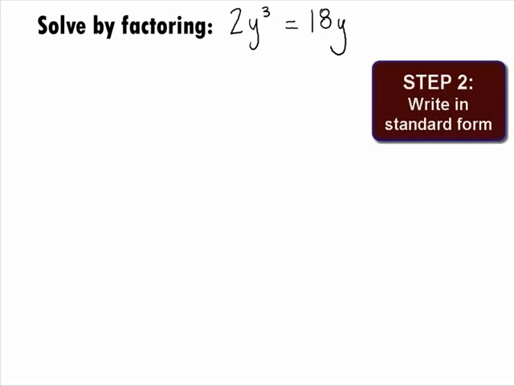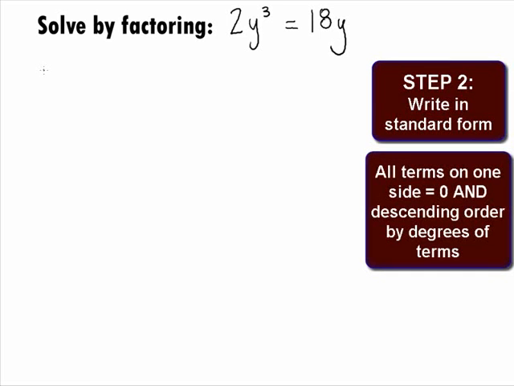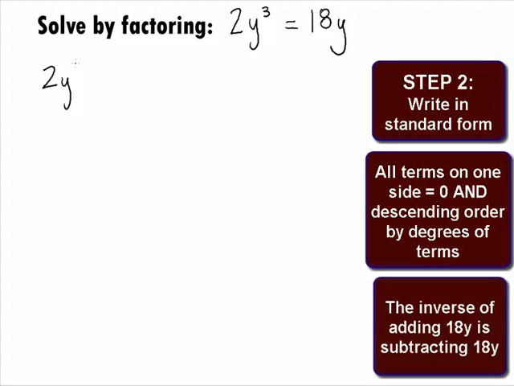In step 2, we want to write this polynomial equation in standard form. This means we want to have all terms on one side set equal to 0 and write it with powers in descending order. It looks like we need to move the 18y over to the other side. We can do this by subtracting 18y from both sides.